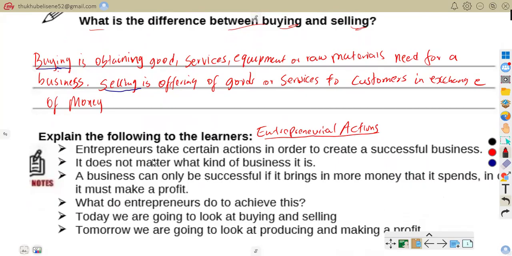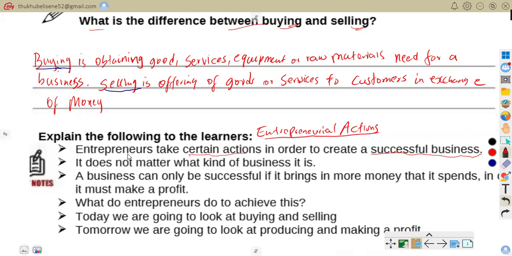As it says, entrepreneurs take certain actions in order to create a successful business. So entrepreneurs must buy. That is the action that they are doing. They must buy or sell, plan, produce, and manage resources to make their business successful. That's the action that they have to take.